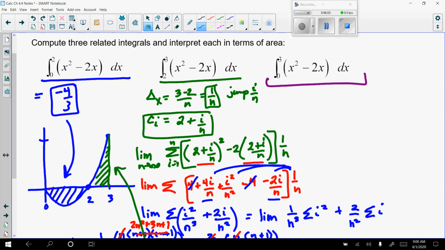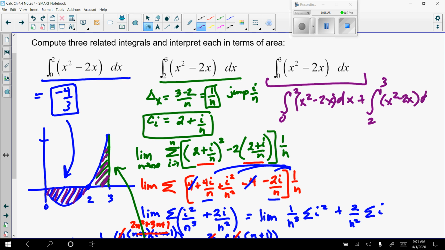So if I included it all together, then that would be equal to the integral from 0 to 2 of x squared minus 2x dx plus the integral from 2 to 3 of x squared minus 2x dx, which is negative 4/3 plus 4/3, which is equal to 0.